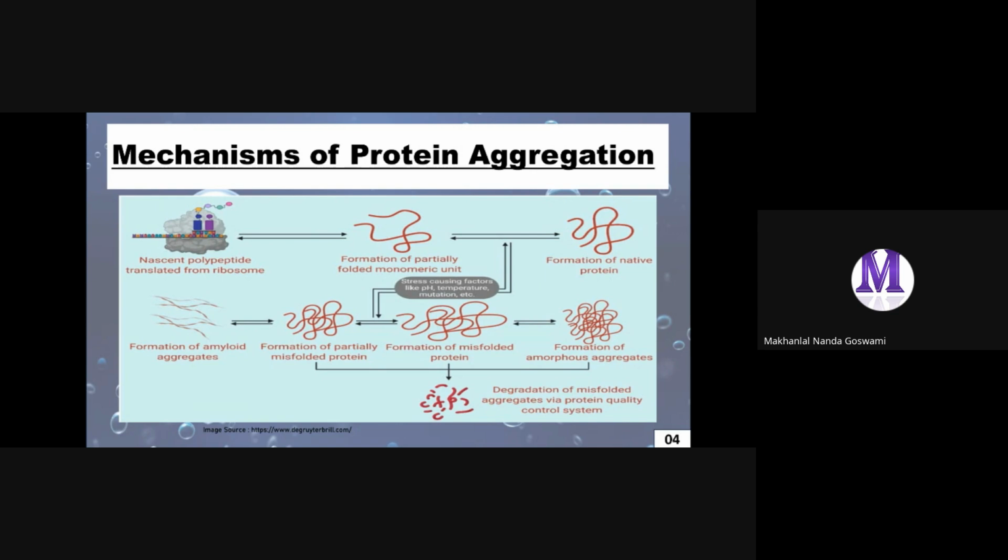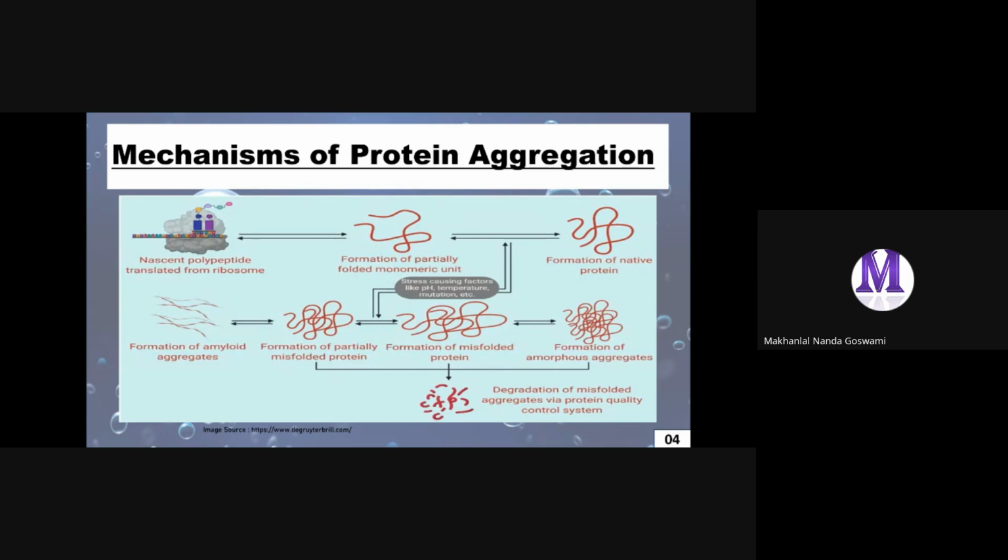Under normal condition, the partially folded monomeric units continue to fold into their native functional conformation. And then the stress causing factors. These are stress causing factors like pH changes, temperature fluctuation, etc. that can interfere with the proper folding of the protein. These stressors can lead the protein down the pathway of misfolding, from the formation of partially misfolded protein to the formation of misfolded protein to the formation of amorphous aggregates.